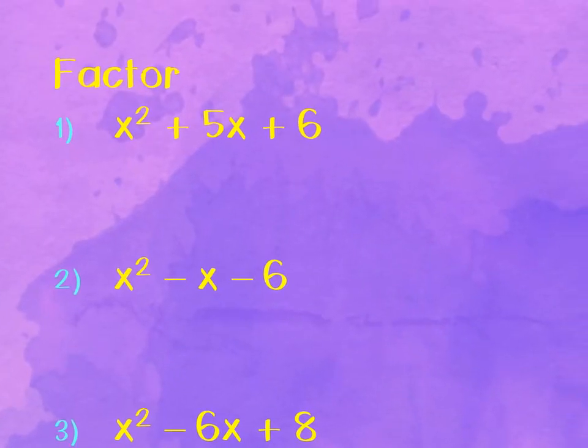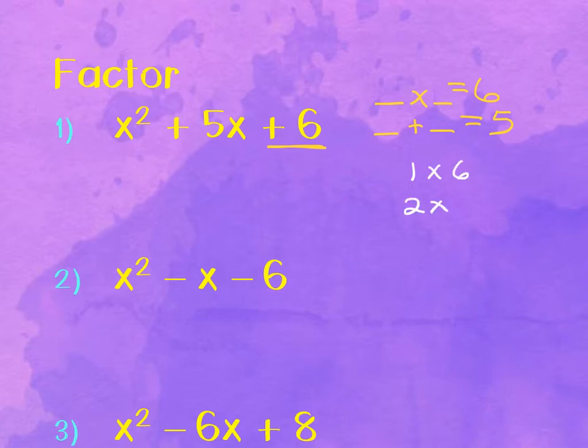Again, you are going to look at the last term. We need to find two numbers that will multiply to give me a 6, but will also add to the middle number, which is 5. So again, I start listing my factors of 6: 1 times 6, 2 times 3. Now, again, when this sign is positive, we know the signs are the same.